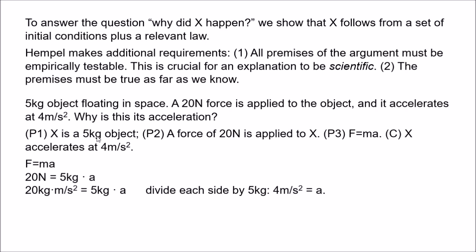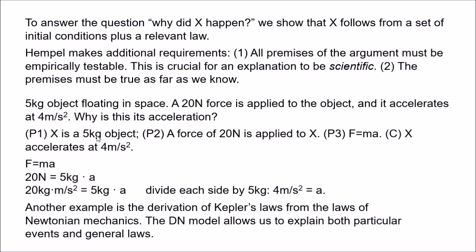Another example would be the explanation of Kepler's laws by deriving them from Newtonian mechanics. Kepler's second law, for example, says that in its orbit around the Sun, a planet will sweep out an equal area in an equal period of time. So a planet moves faster when it's closer to the Sun than when it's further away. And we can derive Kepler's laws from the laws of Newtonian mechanics.